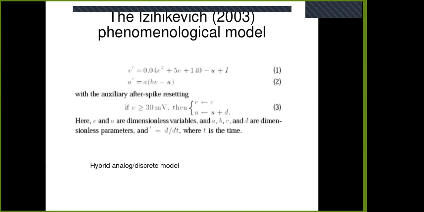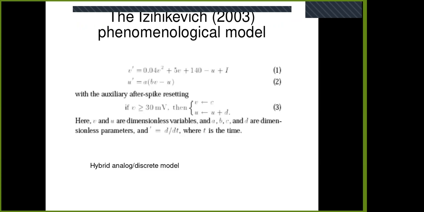When the threshold is exceeded by the voltage, the voltage is reset, and u is set to u plus d, where both c and d are parameters of the system. It's a hybrid model, like several of the others, and also the models that I want to talk about in detail.